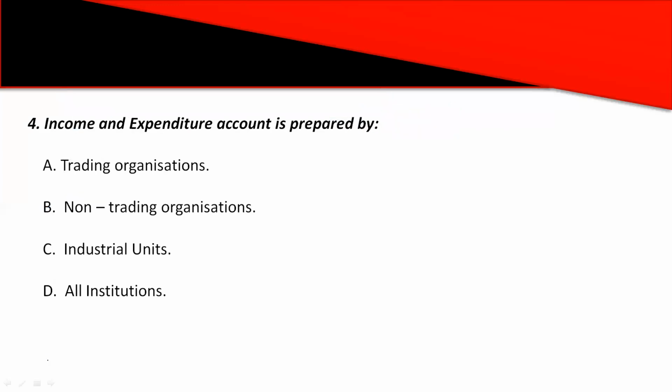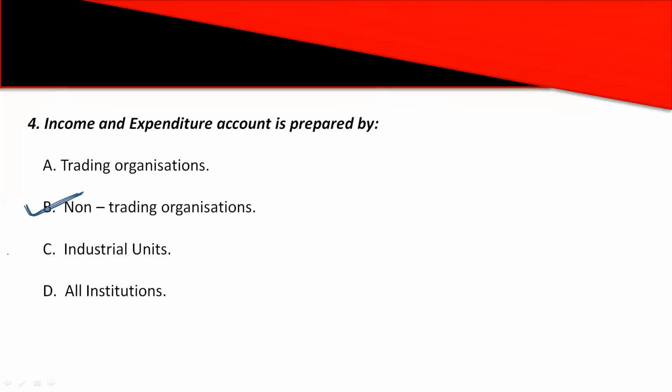Then we have fourth question. Income and expenditure account is prepared by. As I already told you, the name of the chapter itself says non-profit organizations. So here, income and expenditure account is only prepared by non-trading organizations, which do not purchase or sell any products. Correct?